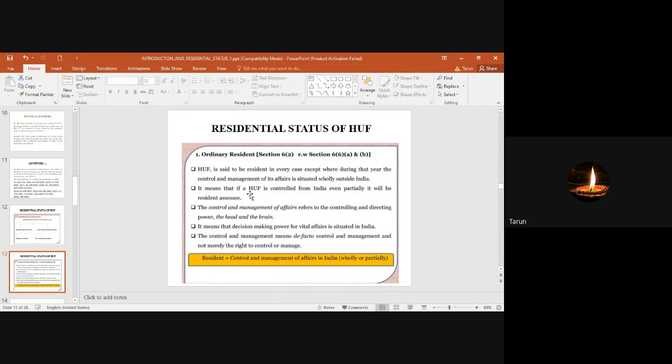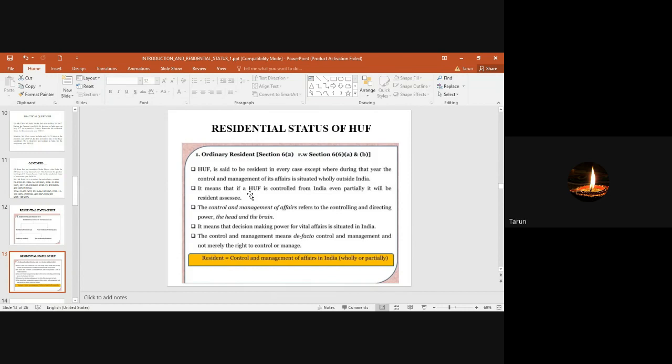The control and management of affairs refers to the controlling and directing power, the head and the brain, and that person is called Karta. It means that the decision making power for vital affairs is situated in India.